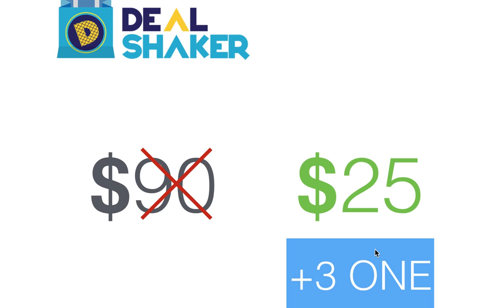So as a user, you would have to pay $25 with your PayPal, credit card, whatever, and using your OneCoin account, use those coins to pay for that deal. So at least 50% of the payment should be made with coins. So that's basically the deal: $25 and 3 OneCoin.